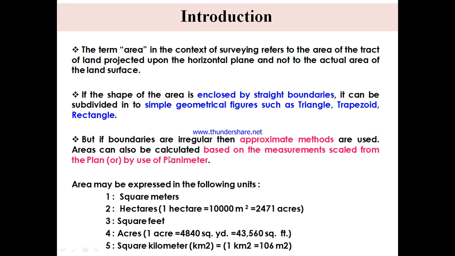Or an instrument method is also there to measure the area, and the instrument is known as a planimeter. We will discuss one by one all these methods to determine area.